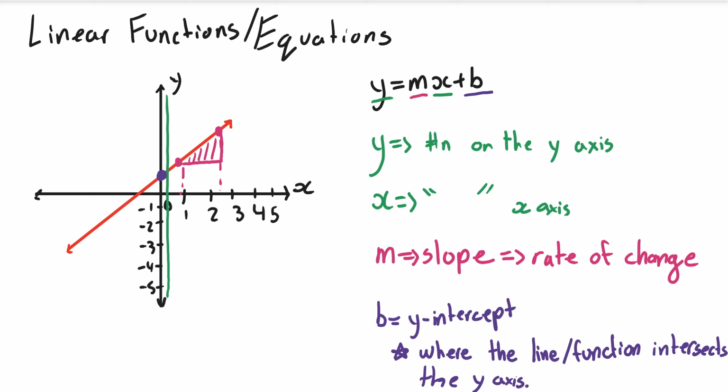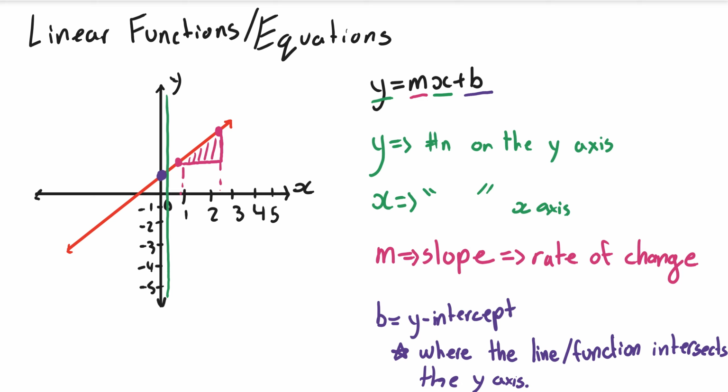Now, let's do a little bit of a recap. We represent linear functions by this equation over here, which is y equals mx plus b. A linear function is a straight line that represents an equation. The y in our y equals mx plus b equation represents any number on the y-axis.